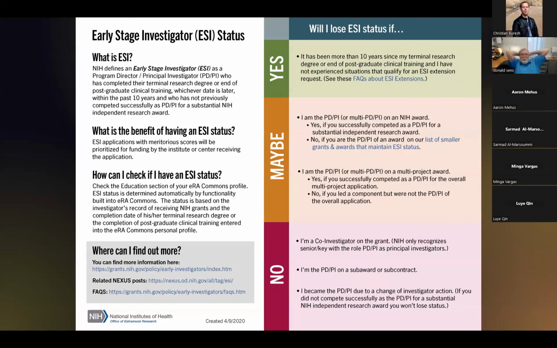An individual who is, say, first generation, a Native American in a tribal college environment, anything that's an underserved population, these get even easier to get your first R01.